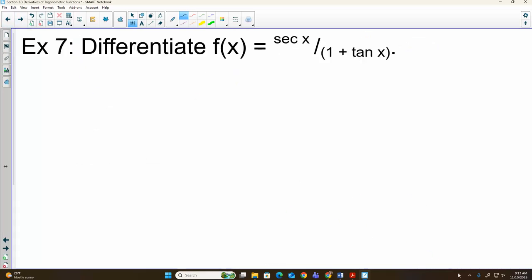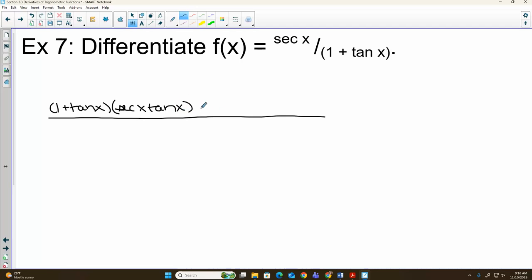You guys try this one. So we have below 1 plus tangent x. D high, what's the derivative of secant? Minus high, D low, what's the derivative of 1 plus tangent x?